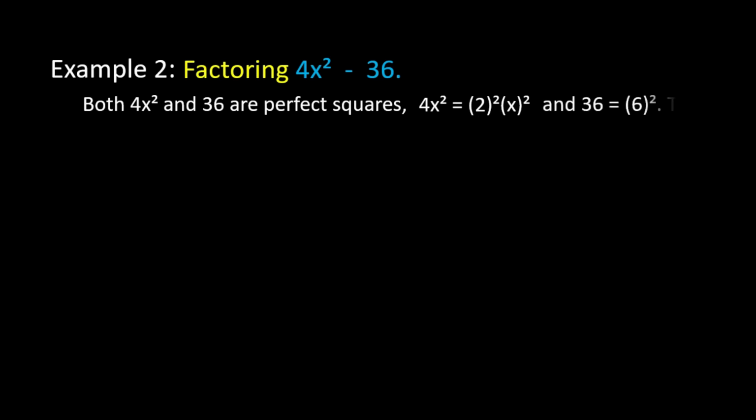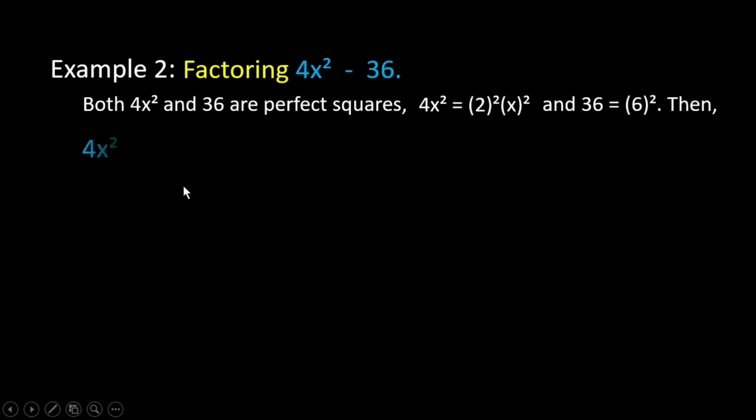At saka, yung 36, para mapatunayan na perfect square siya, ang gagawin natin is, kukunin natin yung square root of 36 at alam natin na yung square root of 36 is 6. So, napatunayan natin na yung 36 is a perfect square.